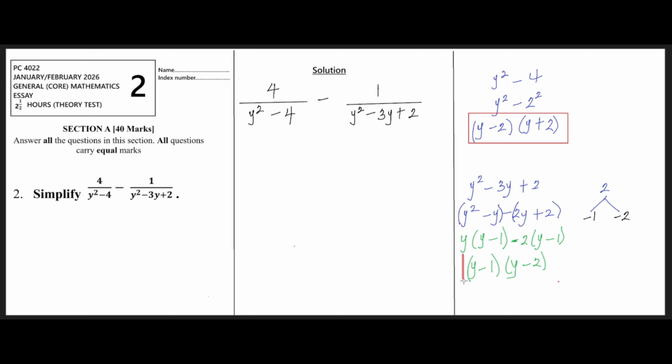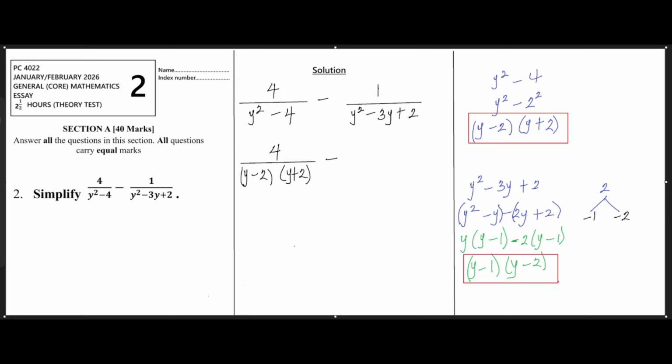And also with the quadratic trinomial, we need y minus 1 multiplying y minus 2. So the next step is that we are coming to do substitution. So for the first term, that is 4 on, this time, in place of y squared minus 4, we just substitute these factors: y minus 2 multiplying y plus 2.